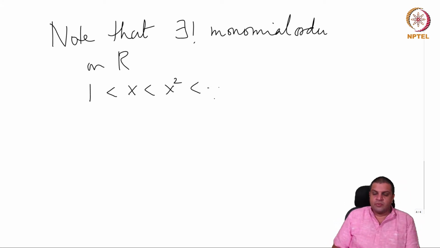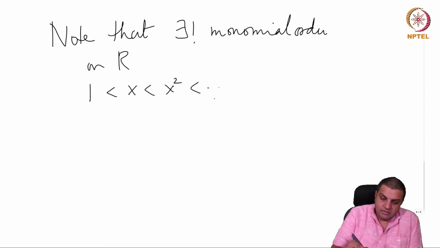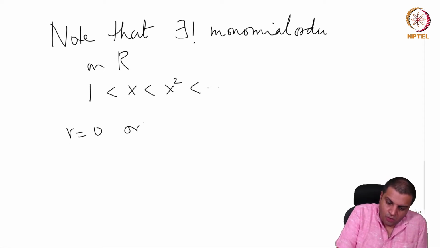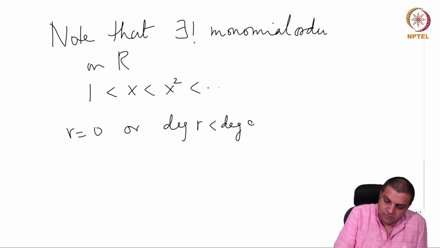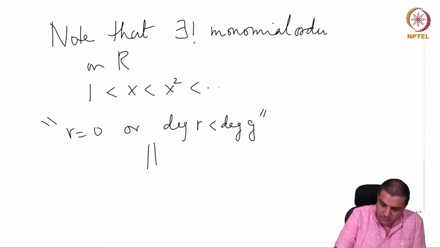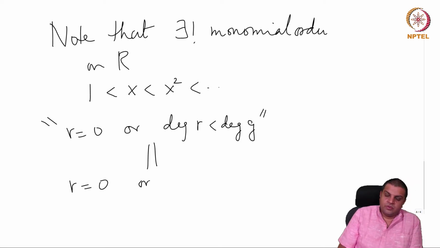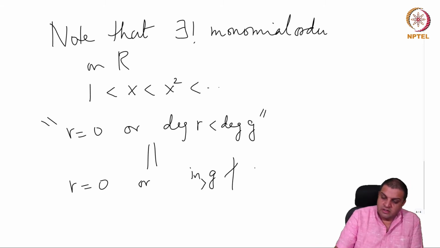And then what we are saying is that the condition on r, that r equals 0 or the degree of r is less than the degree of g, is the same as r equals 0 or the initial term of g does not divide any term of r.